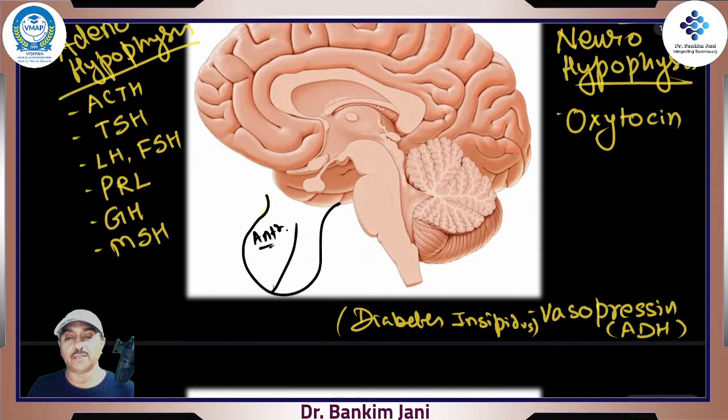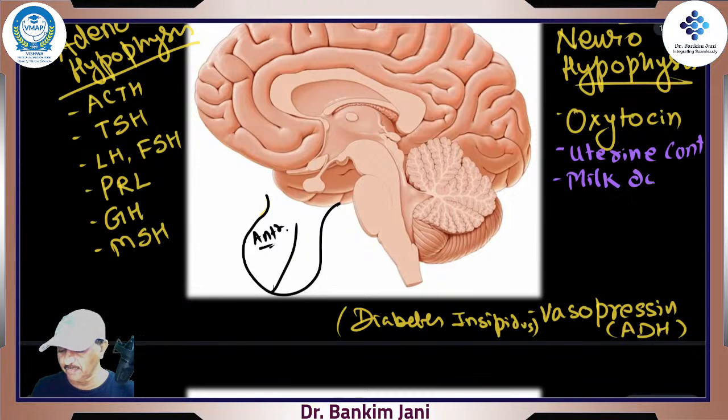But say this oxytocin. Oxytocin is very interesting. It is important in that it leads to uterine contraction, right? That is one. Then it leads to let down of milk during the milk flow, that is during the breastfeeding. So very vital area.